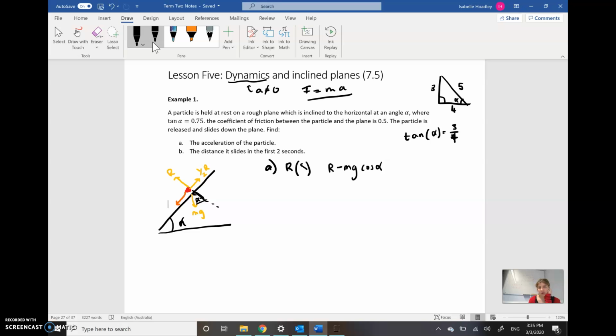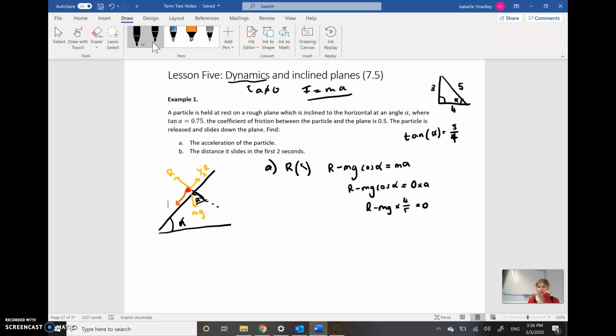Now that equals my mass times the acceleration. Because the particle isn't going to move upwards, it's only going to be moving in line with the plane, my acceleration in the vertical direction is 0. So that's equal to m times 0, so R minus mg. Now I'm going to change this cos alpha into 4/5, adjacent divided by hypotenuse, so times 4/5, and that's equal to 0.